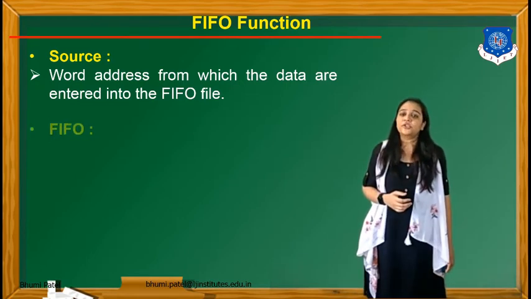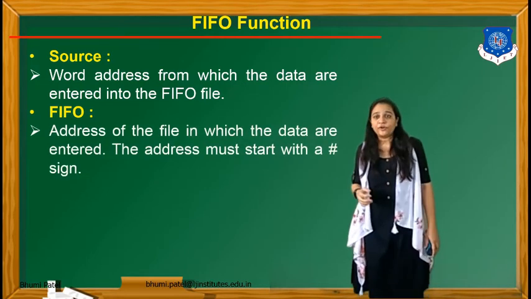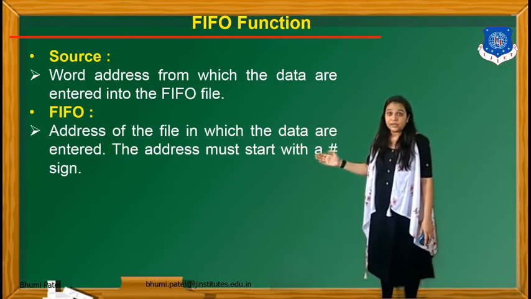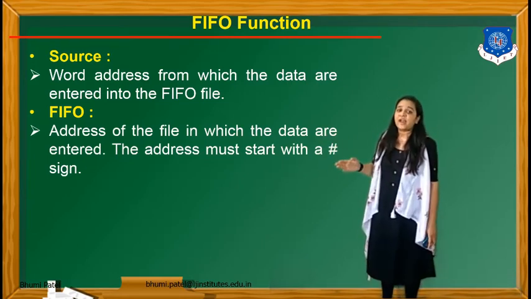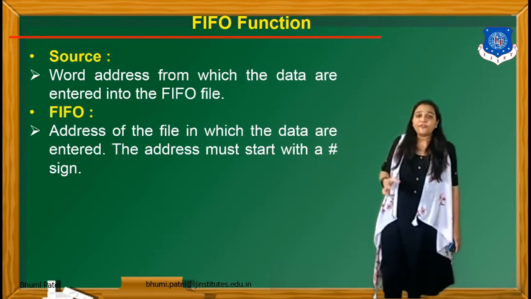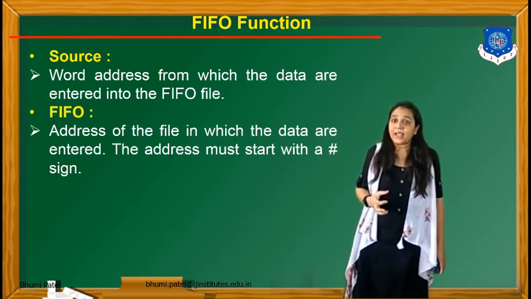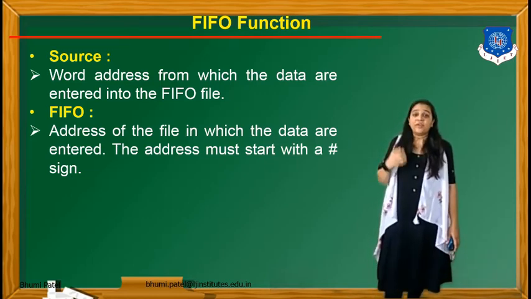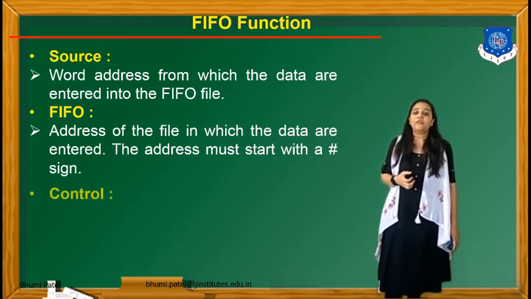Then what is the FIFO? It is the address of the file in which the data are entered. The address must start with the hash sign. So FIFO indicates the address of the data, and the source is the word address from which the data is entered into the FIFO file.